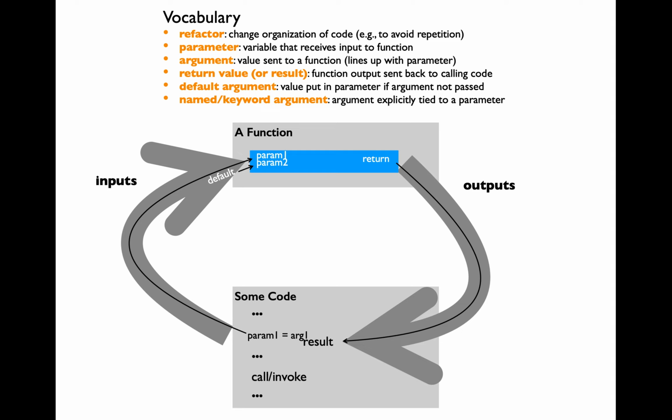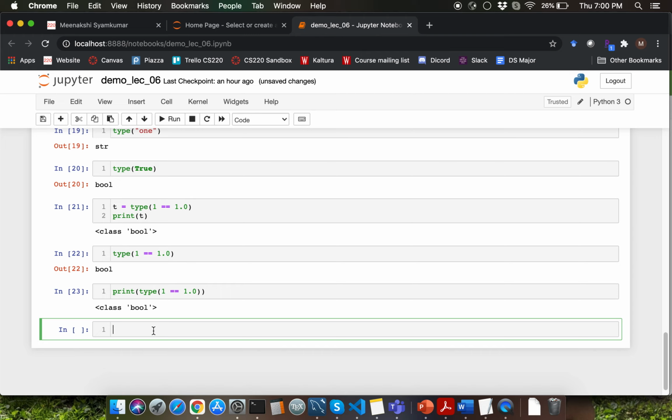Let me give you an example of typecasting. Recall that I briefly mentioned typecasting as part of the previous lecture demo. Typecasting functions enable you to convert one type into another. For instance, I can say str of False, which will convert the boolean value into a string type.